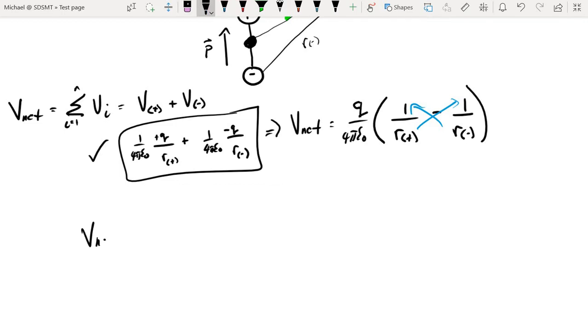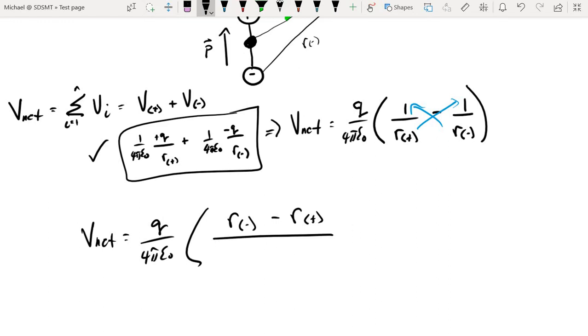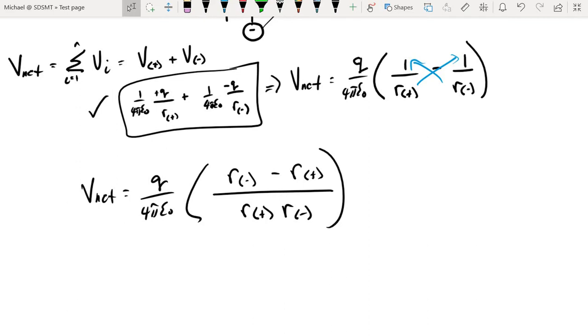And if we do that, we will get R negative minus R positive in the numerator, and then we'll have R positive, R negative product in the denominator.